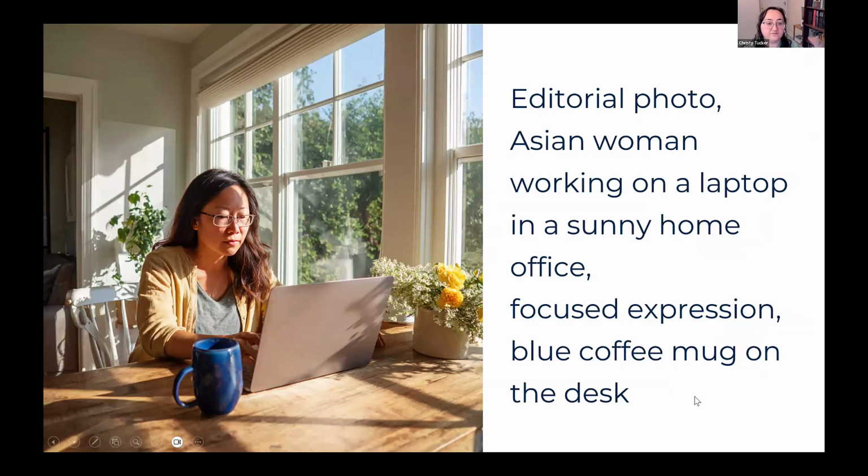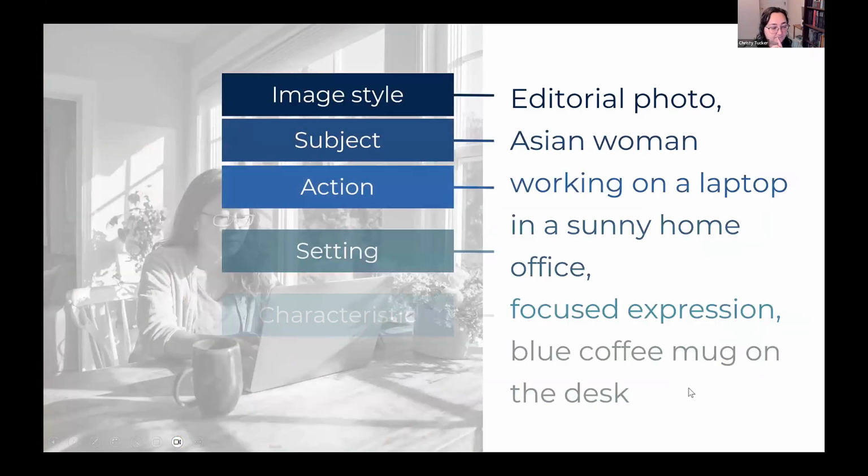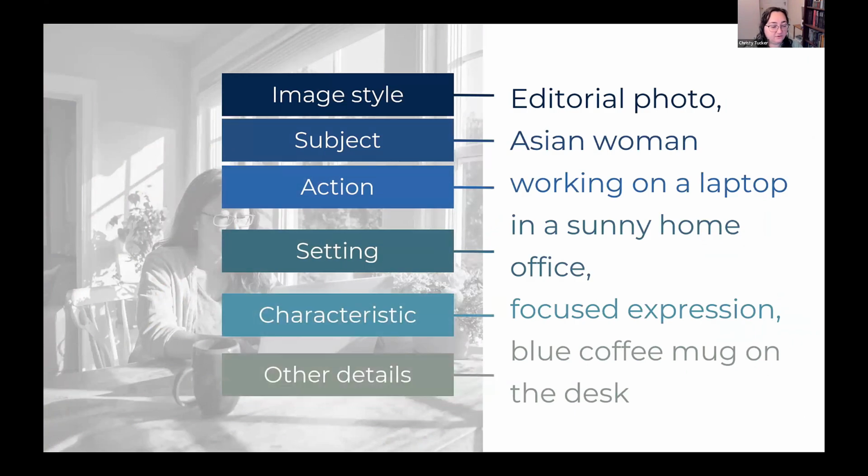I have an editorial photo of an Asian woman working on a laptop in a sunny home office with a focused expression, blue coffee mug on the desk. So breaking that down with my framework, the image style, I use the phrase editorial photo. You'll see that one come up in my samples.